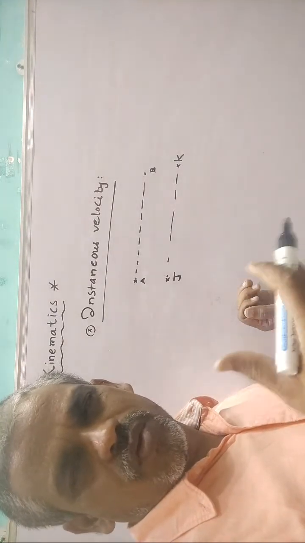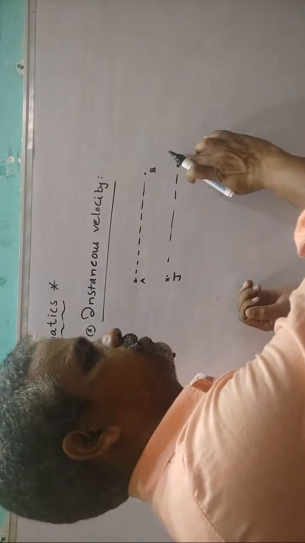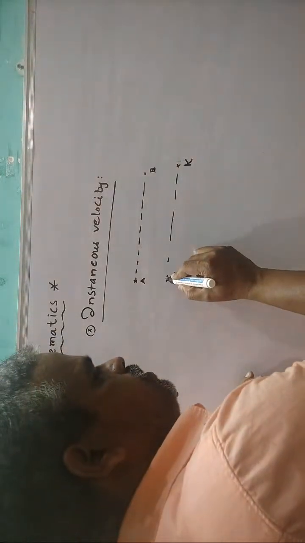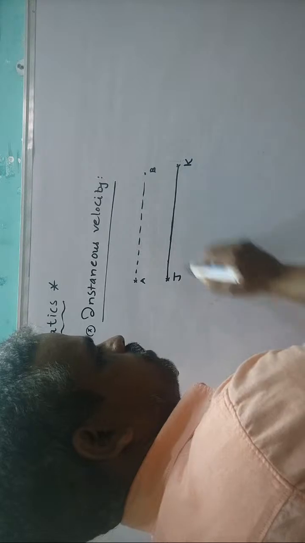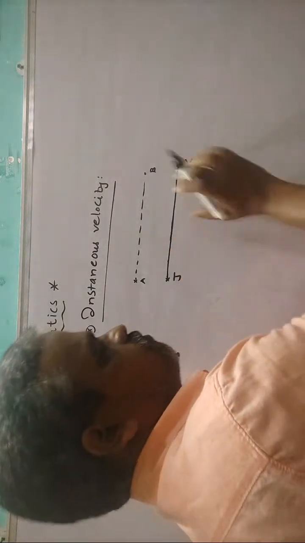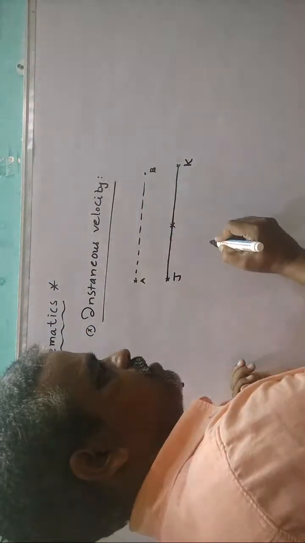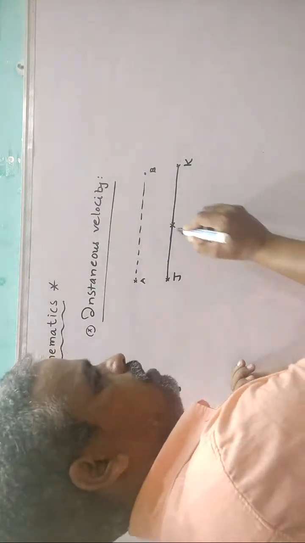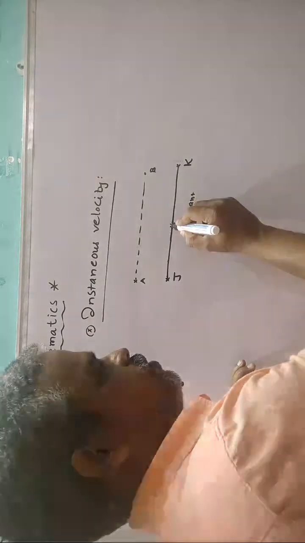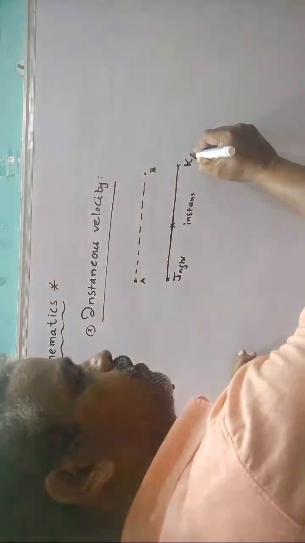While traveling, what is the velocity at a particular instant?